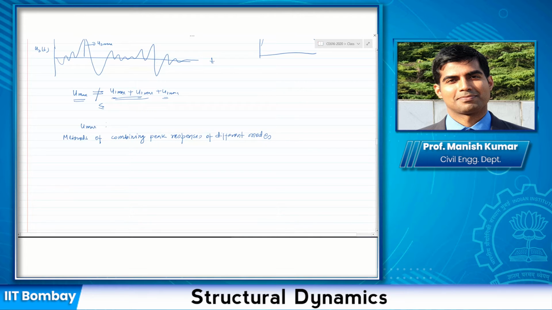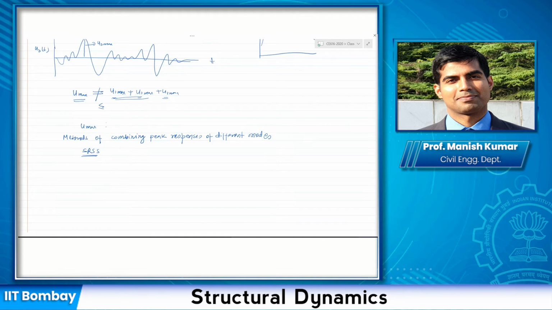Okay, let us look at two of those methods. The first method is called SRSS. The SRSS method is basically square root of sum of squares.